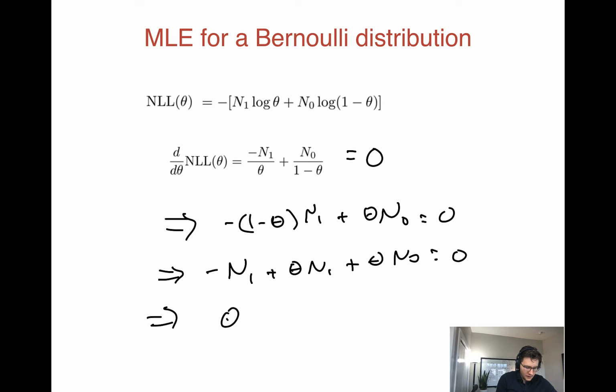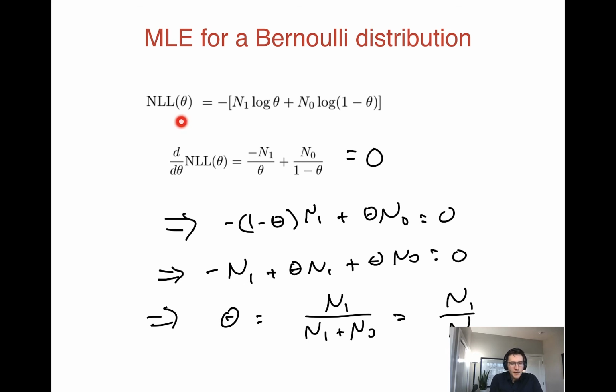And we get theta equals, here I'm taking the n1, putting it on the right side, and then dividing both sides by n1 plus n0. We get n1 over n1 plus n0, which equals n1 over n, the total number of points. Okay, so this is a totally expected result. We get that our maximum likelihood estimate for theta is just the proportion of ones, which is very intuitive.